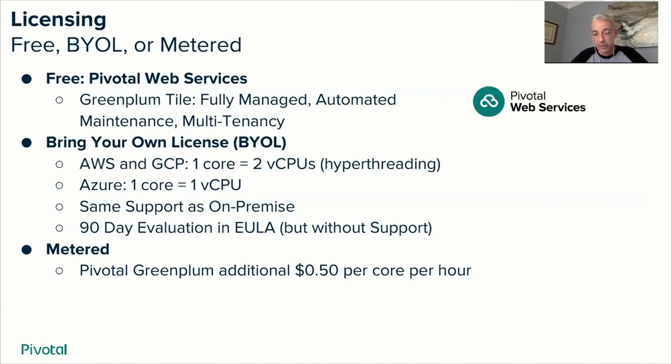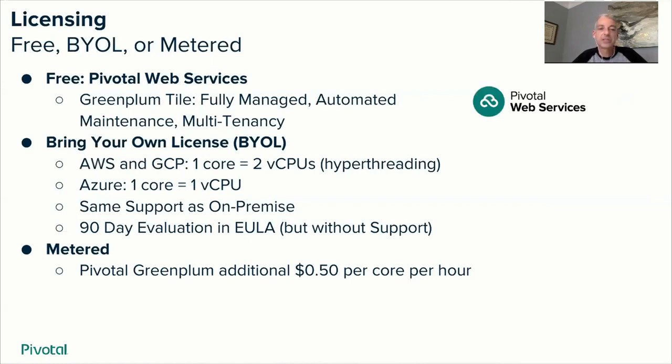There's also bring your own license, which I mentioned a minute ago. The licensing we have is based on cores. Amazon and GCP use hyperthreading, so when you look at the number of vCPUs, virtual CPUs, 2 vCPUs equals 1 core because of hyperthreading.